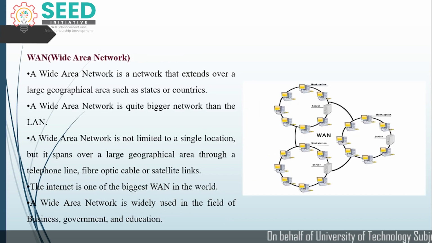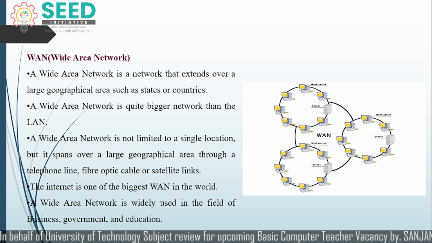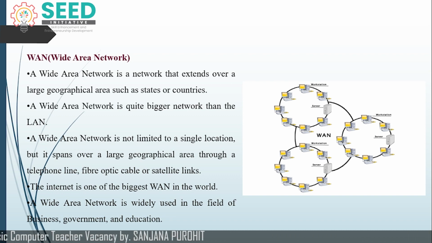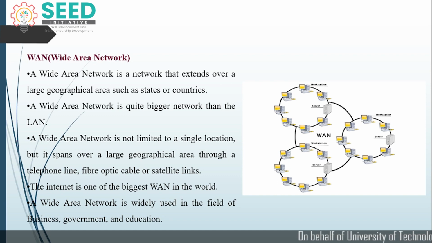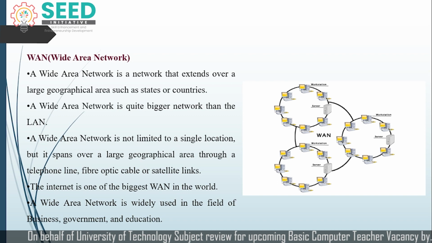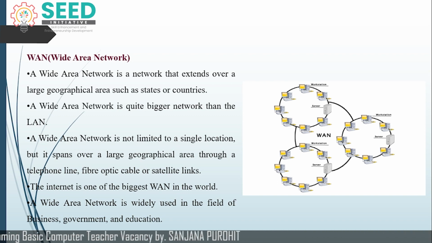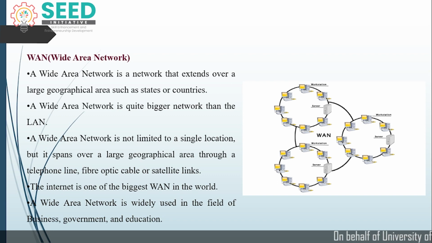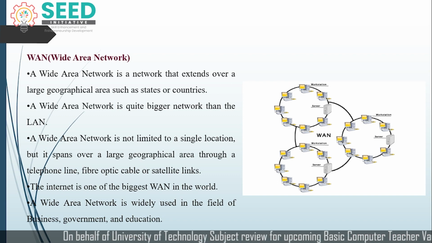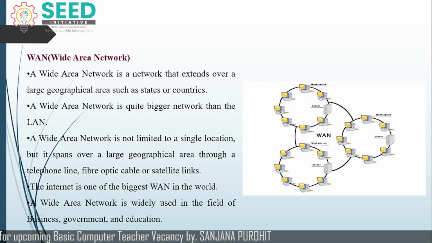Last one is the WAN, which is wide area network. A wide area network is a network that extends over large geographical areas such as states or countries. A wide area network is a quite bigger network as compared to a local area network.